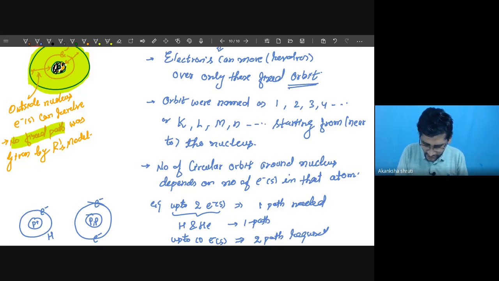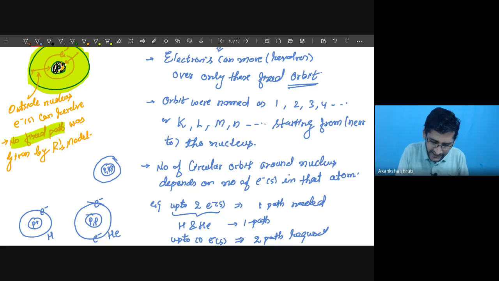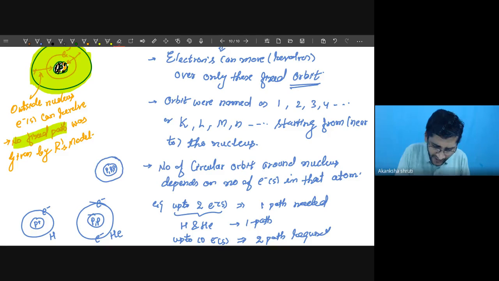What if we consider lithium? The first one was hydrogen, this is helium. But lithium will have 3 protons in its nucleus, and it needs 3 electrons to neutralize it. To accommodate these 3 electrons, it needs 2 paths.